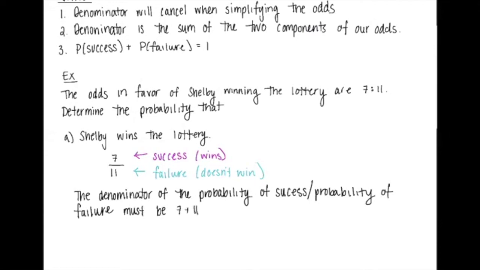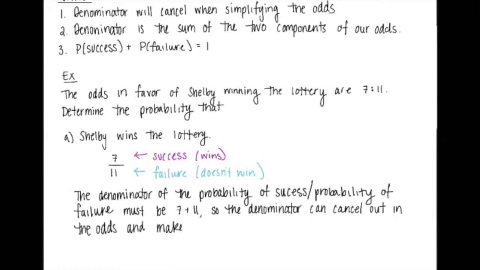So that the denominator can cancel out in the odds, and make the sum of the probabilities 1.